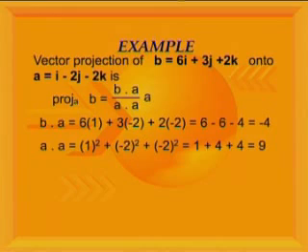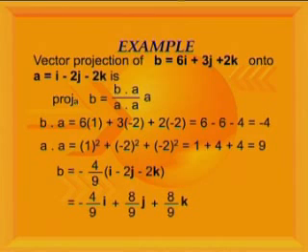And for attaching the direction, we will multiply the vector A by this scalar minus 4 over 9, giving us minus 4 over 9 into i minus 2j minus 2k, which is equal to minus 4 by 9i plus 8 over 9j plus 8 over 9k.